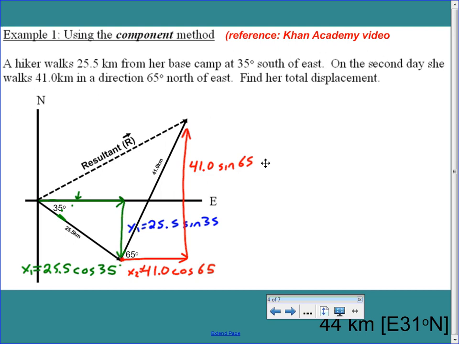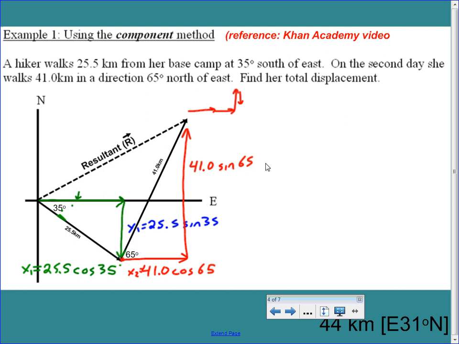So now we're going to take the horizontal components, put them together to make one big horizontal component, put the vertical components together to make one big vertical component, and visually we're going to get 1, 2, 3, and 4.